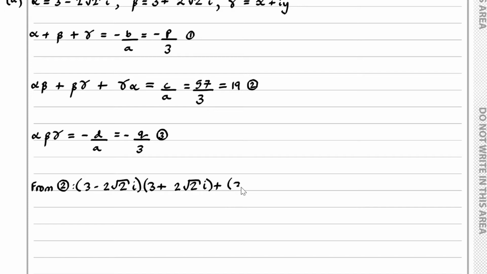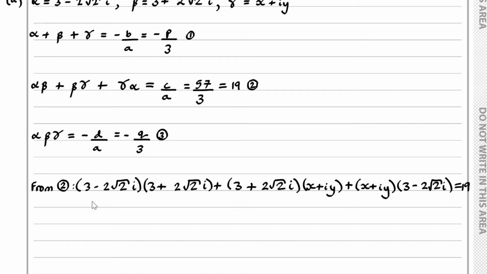So we add on 3 plus 2 root 2 i times x plus iy, plus gamma alpha, so we add on x plus iy lots of 3 minus 2 root 2 i, and all of this is equal to 19.